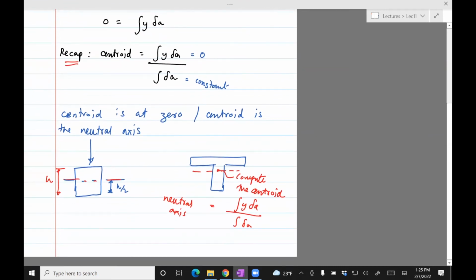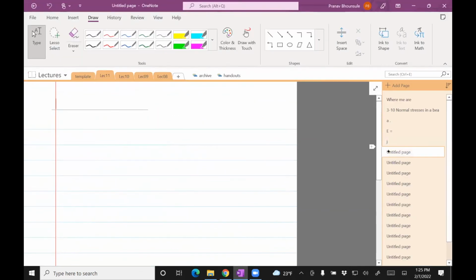Okay, the next thing we'll do is find the moment. We found the force by doing the integral of sigma dA. Let's find the moment. Same thing, there is a neutral axis.